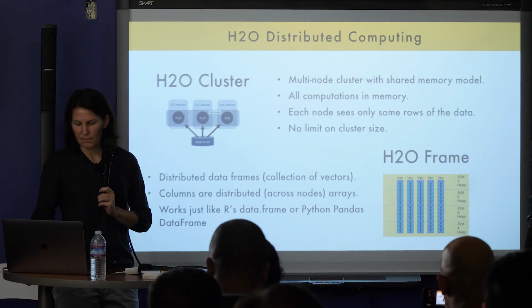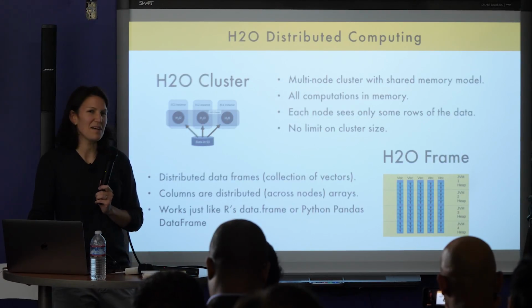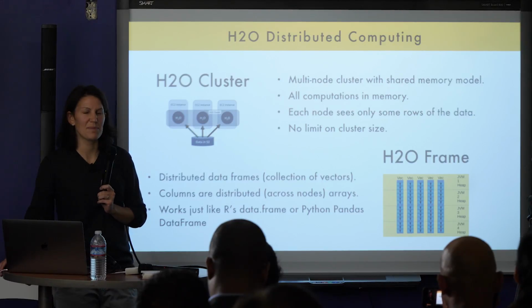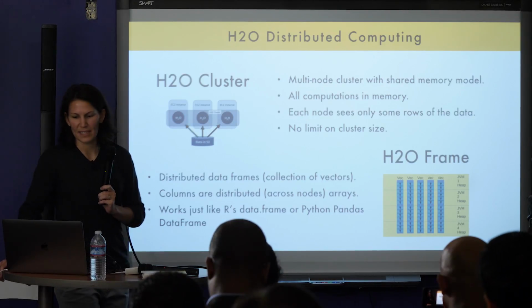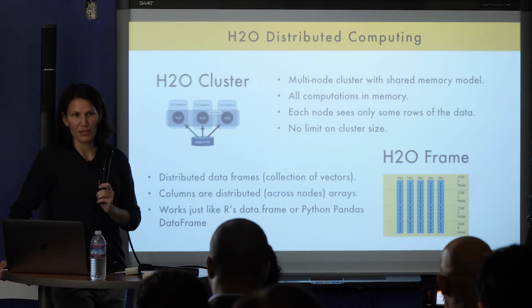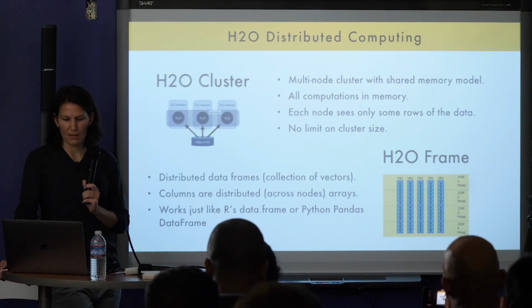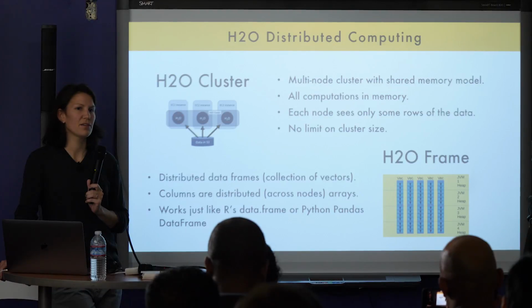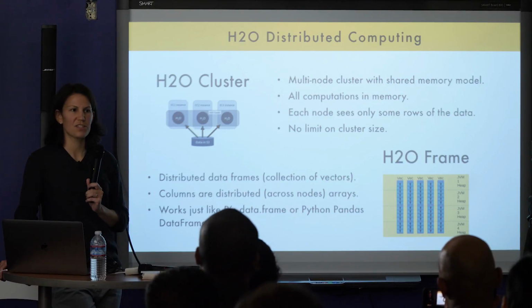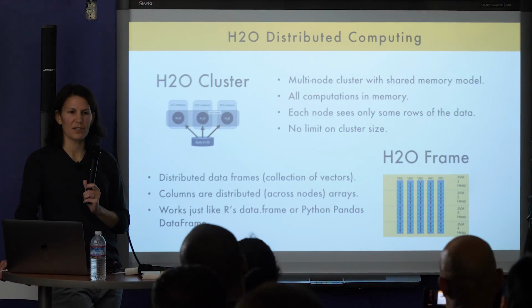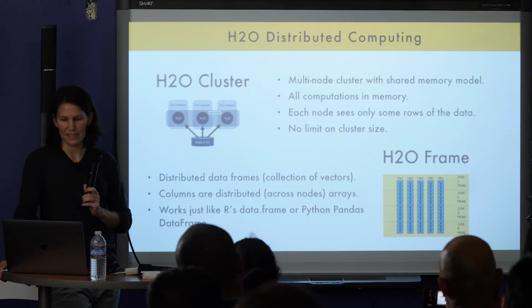This is the most technical slide in this whole talk, but just to provide some context, if people are interested in distributed computing and how we do that in H2O, I want to introduce two concepts that are important to understand. Even if you're doing AutoML, it's good to have a general understanding of what we're doing under the hood, even though you don't need to know the details.